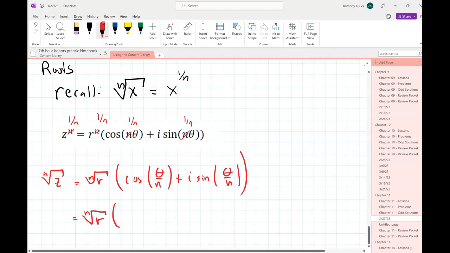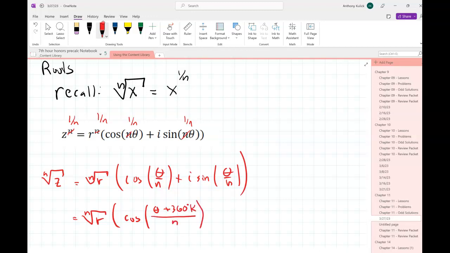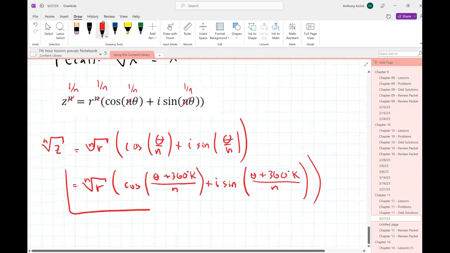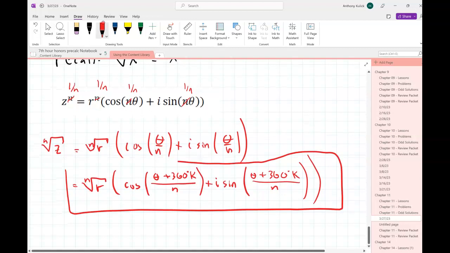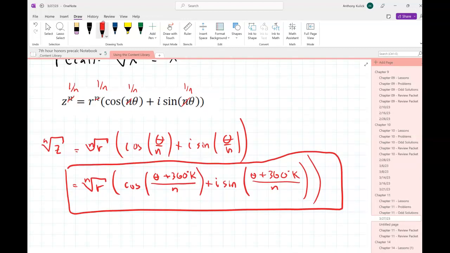What's that mean for us? We're going to have more than one possible answer. How many answers am I going to get? I'm going to get n possible answers.